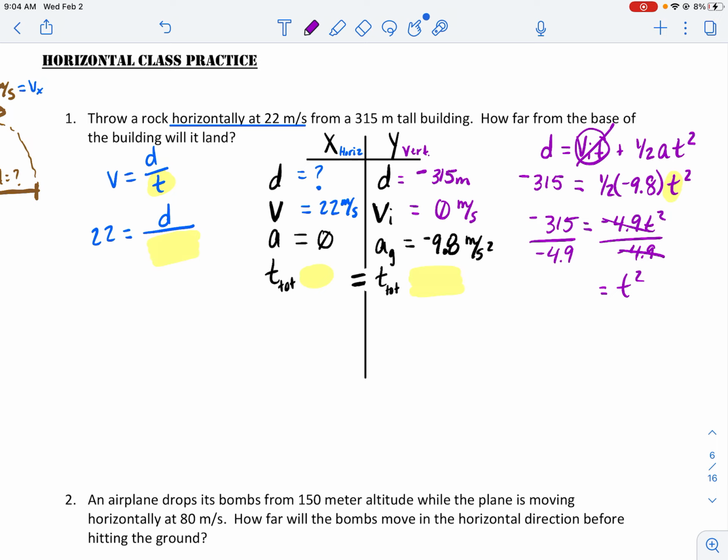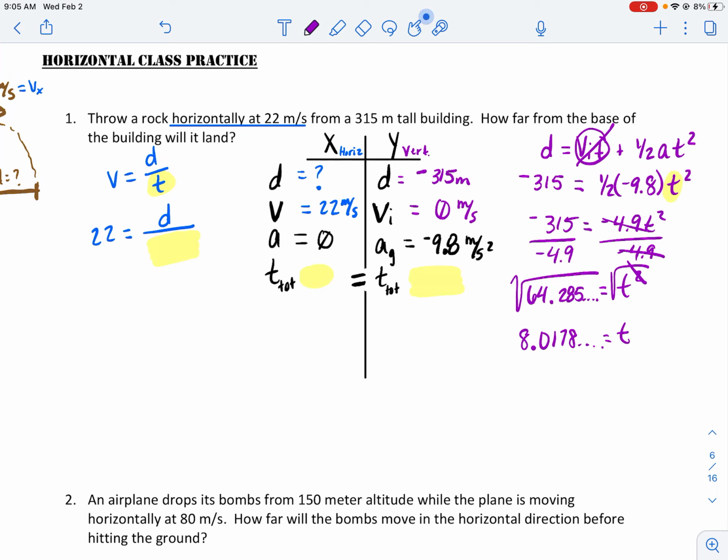315 divided by 4.9 is going to give me 64.285, and there's more digits in my calculator. I'm then going to square root that in order to get this to just be t, and that gives me 8.0178, more digits in the calculator.